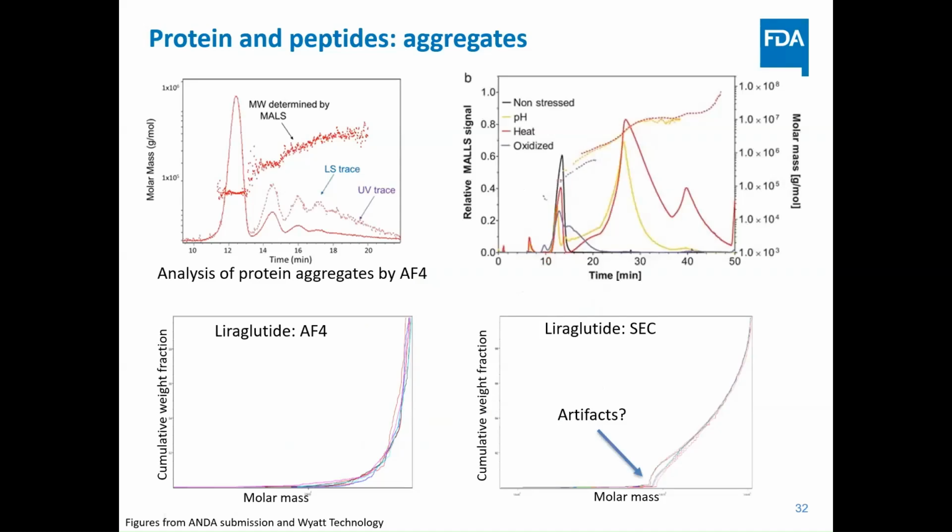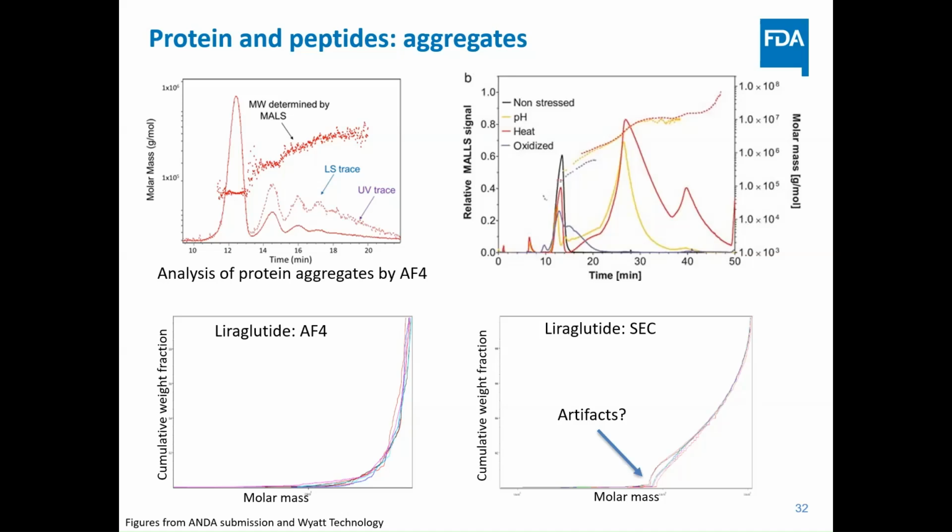So far I talked a lot about using AF4 for nanoparticle analysis. But AF4 has also been used to study polymer materials, including biopolymers and synthetic polymers. In fact, in a regulatory submission, I've seen a company use AF4 in studying protein and peptide drugs to understand their aggregation status.